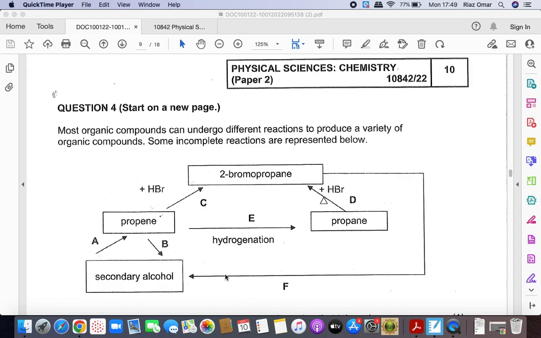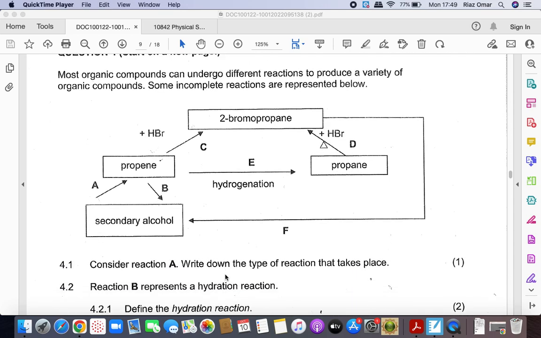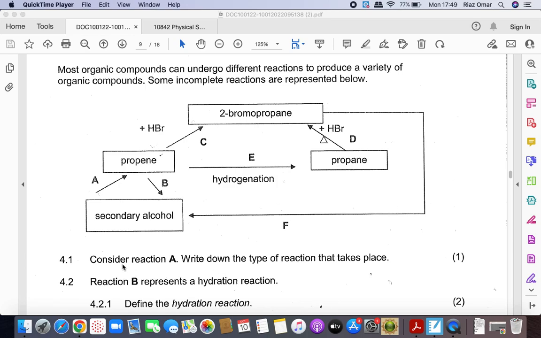All right. So looking at the questions now, consider reaction A. Reaction A, secondary alcohol. So you have an alcohol, and what type of reaction is taking place in A? You've got a secondary alcohol with an OH attachment, and it's becoming propene.